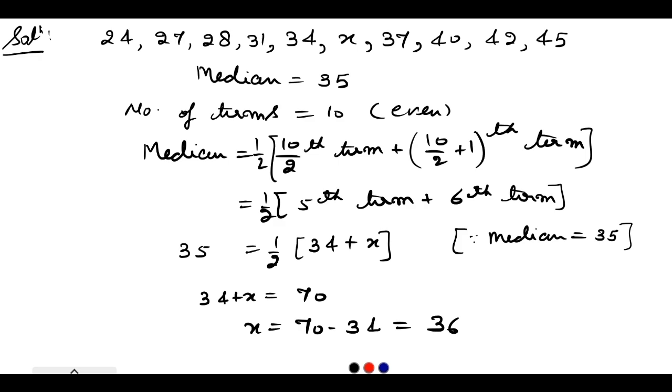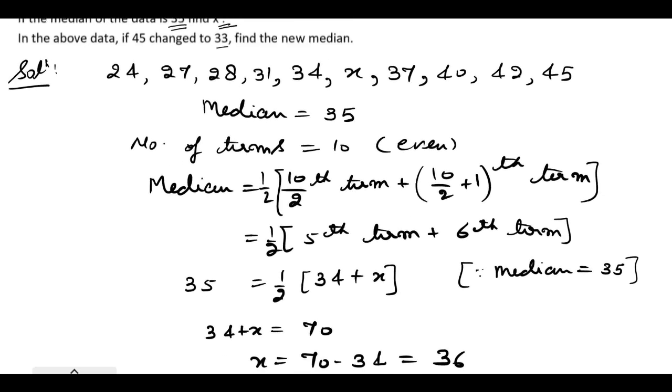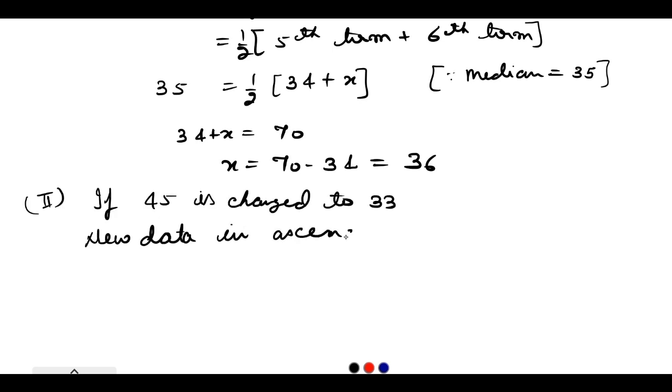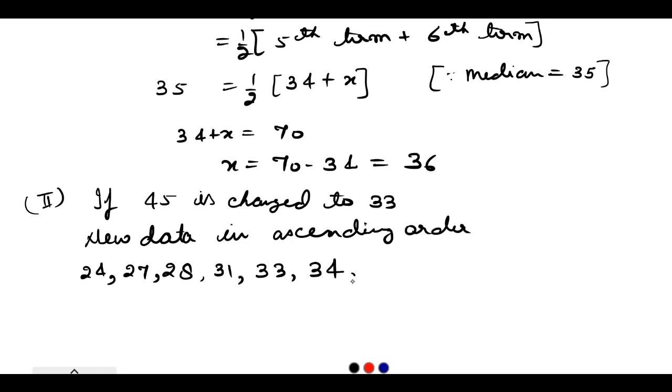Now come to the second part of this question. In the above data, if 45 is changed to 33, then find the new median. If this is 33, then the order of the numbers, the sequence of the numbers, will be changed. Here 33 will be placed, then 34 and then 34 and then x 36, 37, 40, 42.